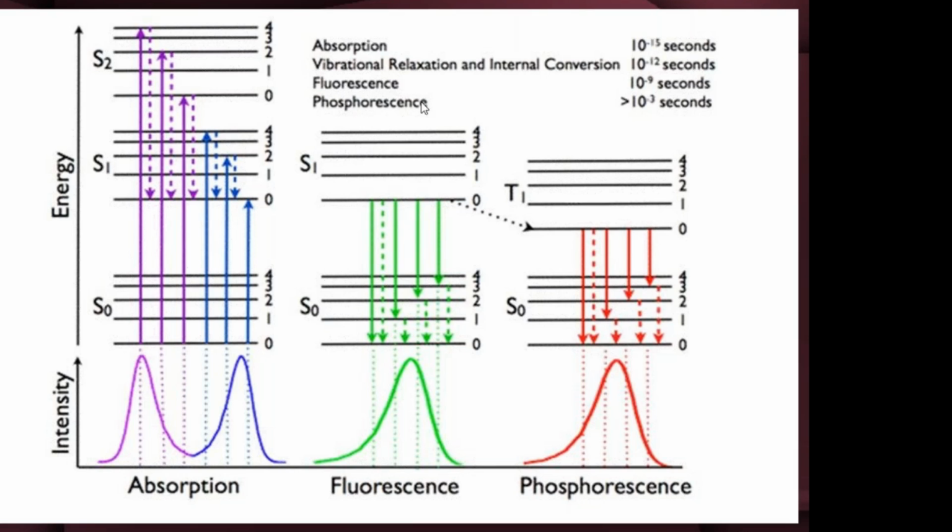Suppose it is resulting in radiative relaxation, that is fluorescence, then you will see from S1, all these vibrational levels, it is going to come down to the lowest vibrational level from which fluorescence will be emitted. Again, you will see that it will form a peak like this, and this is called the fluorescence peak. It is intensity of fluorescence versus the wavelength.